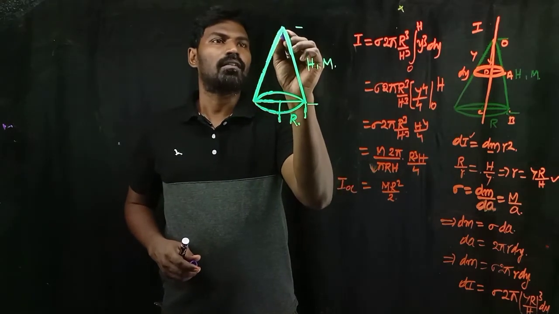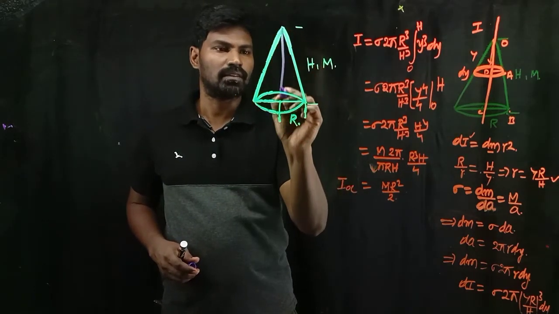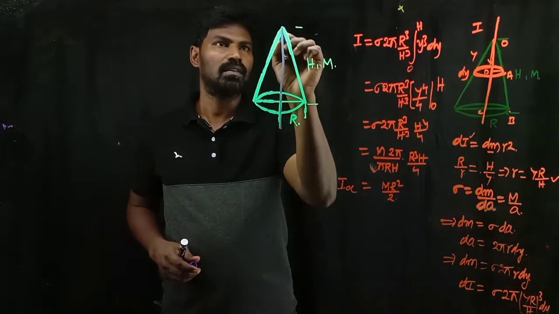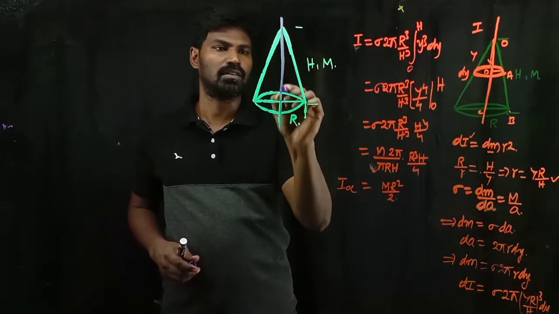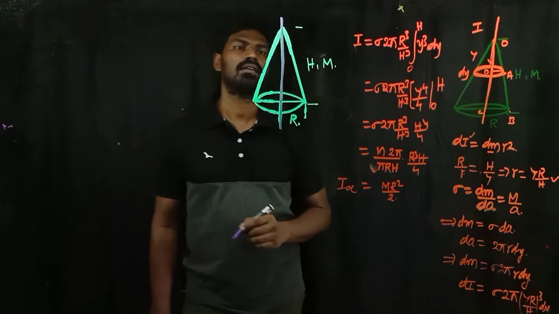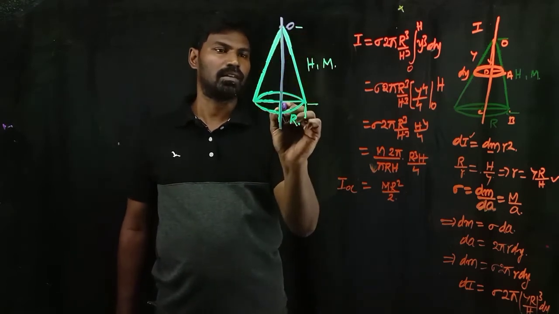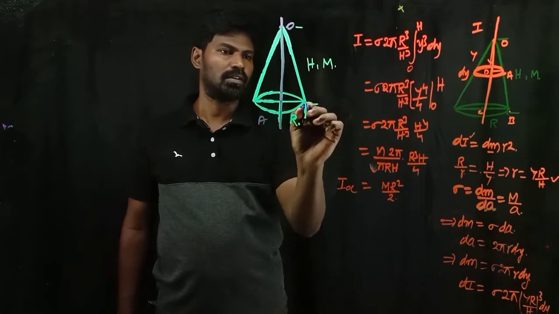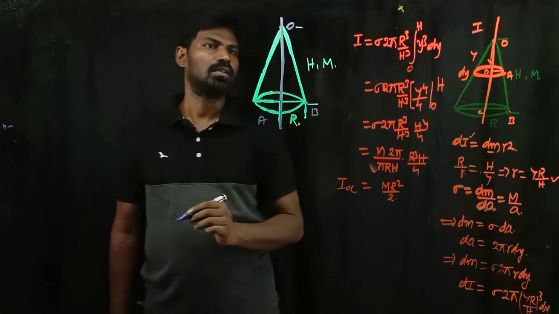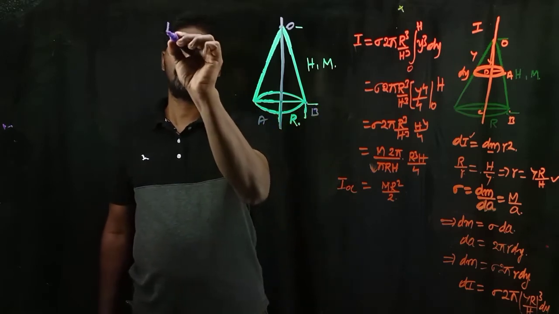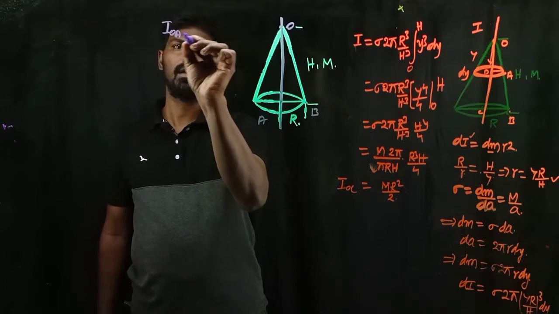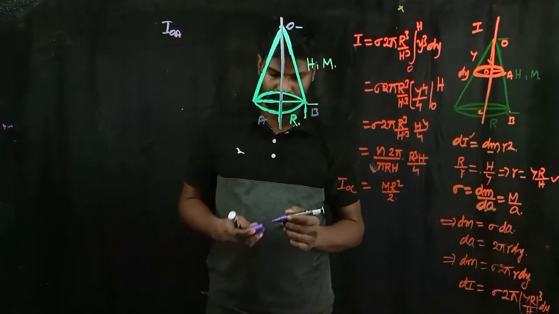I am considering the moment of inertia with respect to an axis, the axis of the cone. Let me call this point as O, this point as A, and this point as B. So I wanted to calculate I_OA.